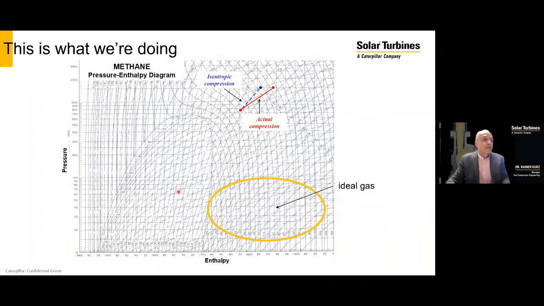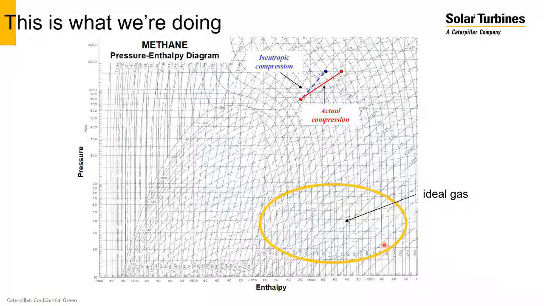Methane behaves like an ideal gas as long as you're relatively low in pressure and high enough in temperature. Our machines in the oil and gas industry, however, tend to operate up here, where the gas shows real gas behavior. So we have to treat it as a real gas.